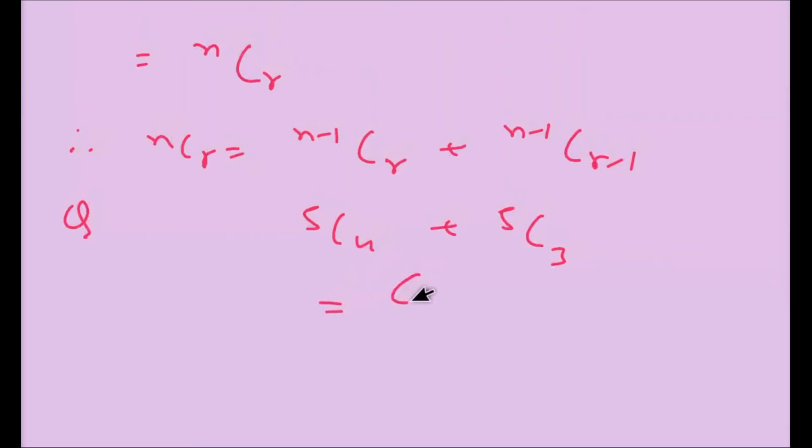So we can write here 6C4. Okay, so you can also write this way, if it is NCR plus NCR minus 1, what should be here? 1 more than this, that is n plus 1. Okay, and R is greater than R minus 1, so it should be R. So this way you can use this formula. Okay, students.